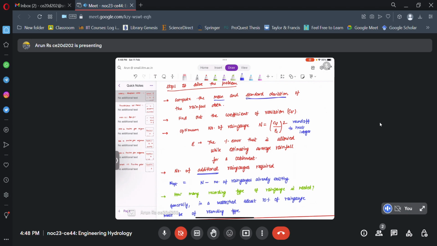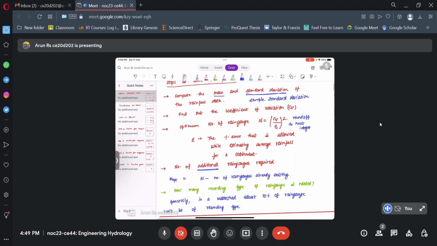This standard deviation is a sample standard deviation. We have two standard deviations: one is the sample standard deviation and the other is the population standard deviation. Here we are using the sample standard deviation.